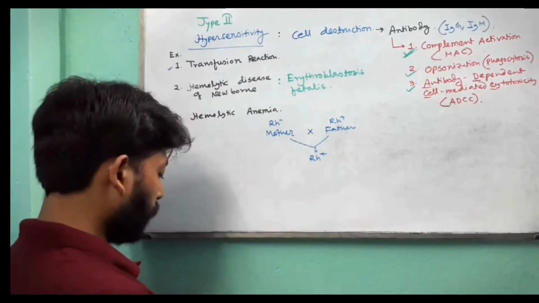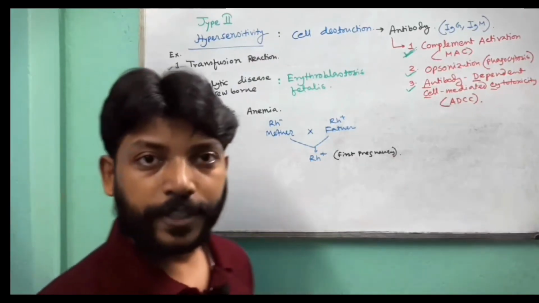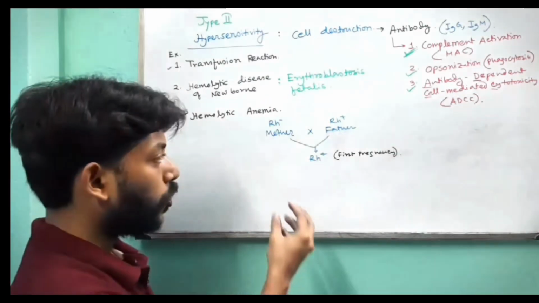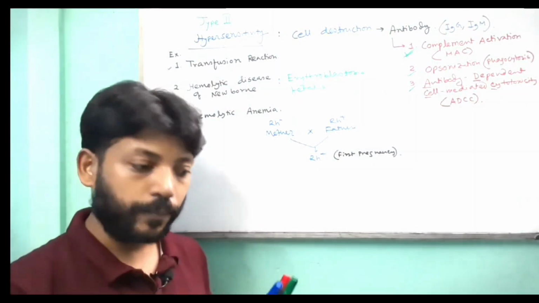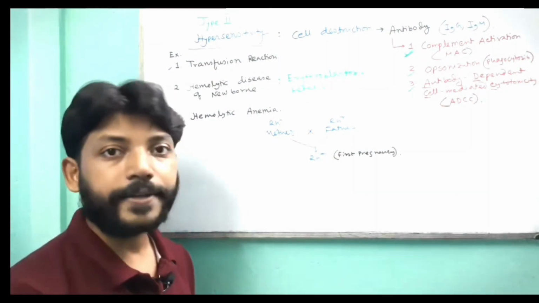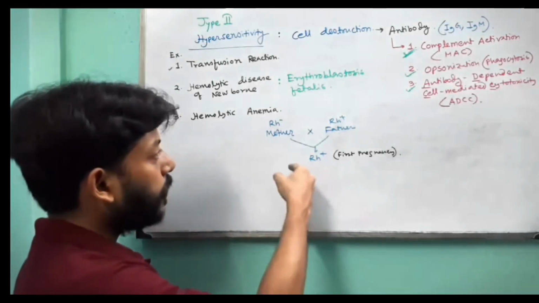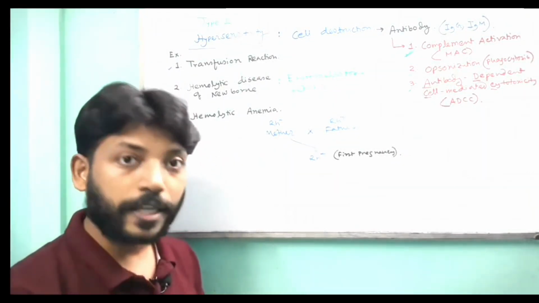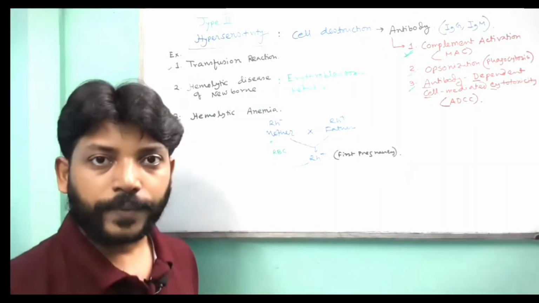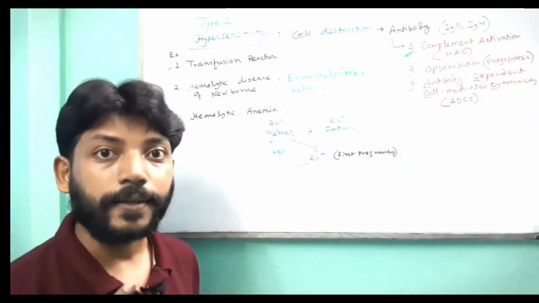In the first pregnancy, during delivery the placenta and the uterine cells are separated, and during that time some fetal umbilical cord blood RBCs can enter into the mother's circulation.